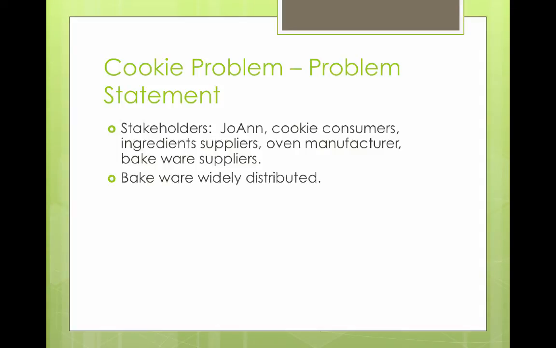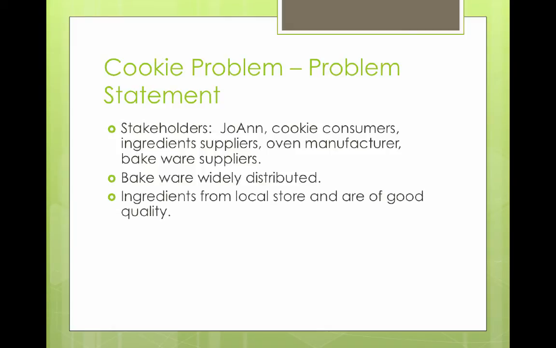After interviewing these cookie problem stakeholders, I find out that the bakeware she uses is widely distributed all over the place, with all kinds of people getting varying results. I find out that she gets her ingredients from a local store, and they're good quality ingredients. I also look at several different recipes from the internet just to see different ratios of ingredients that might be used in cookie making.